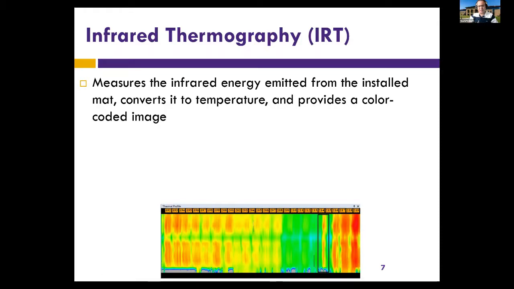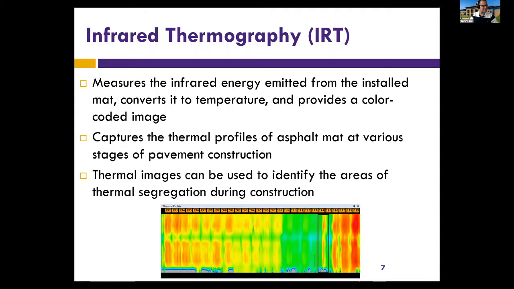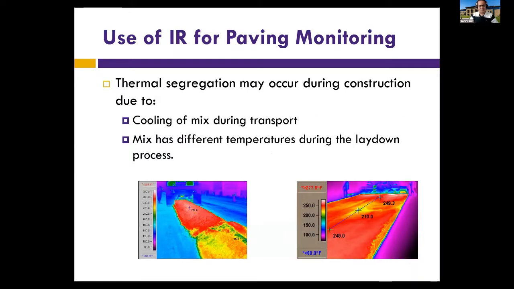It can be related to the paver, it can be related to the material uniformity, and so on. As I said, this is a very useful technique, and it has received wide interest in pavement application.